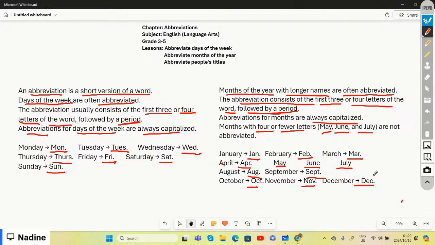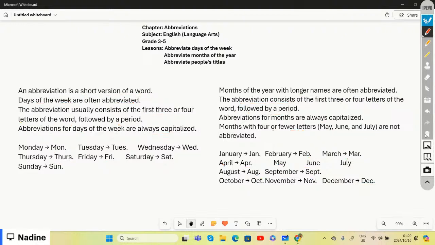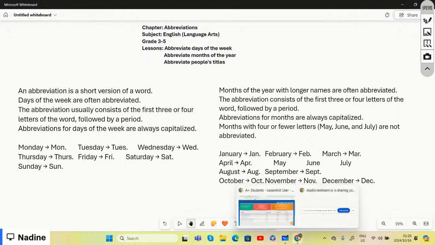All right. So now before we go on to abbreviating people's titles, let us go to a+students.ca, and we're going to abbreviate days of the week and months of the year.